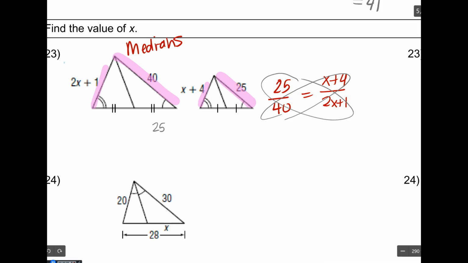So 25 times 2x plus 1 is going to equal 40 times x plus 4. So 50x plus 25 equals 40x plus 160.